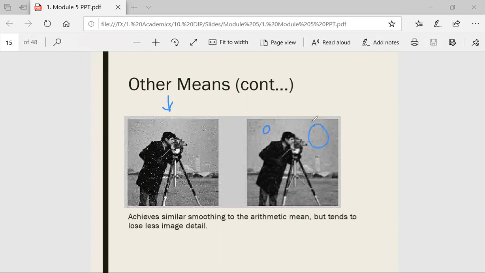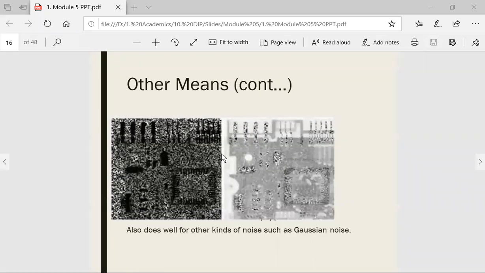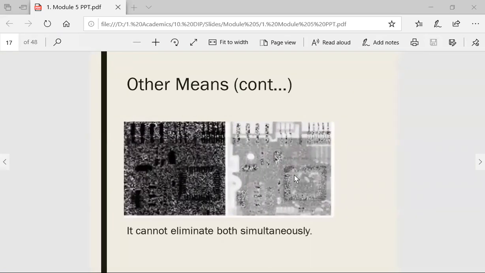There is more blur in this one. So you should be very choosy about which type of filter you use. Some more examples: the arithmetic mean filter itself will only remove noises such as Gaussian noise, but other noises will be present.